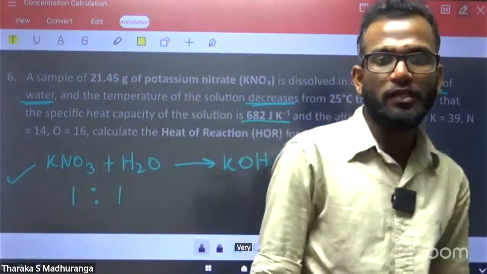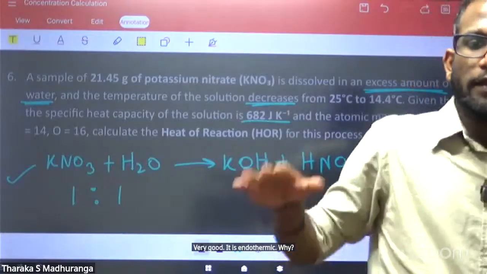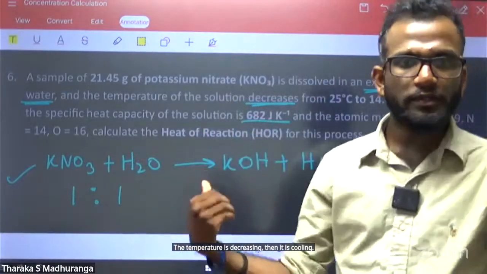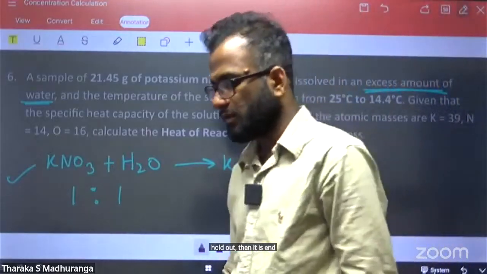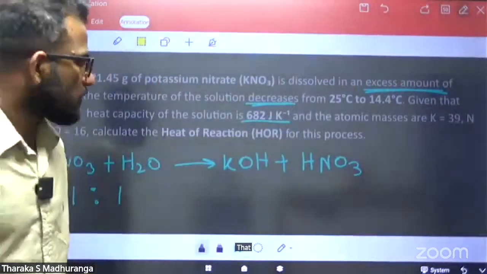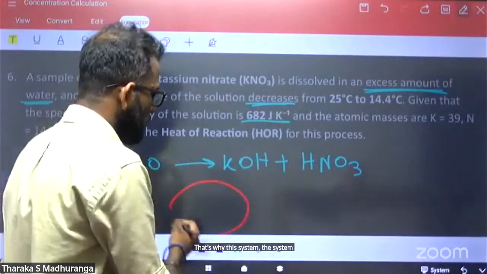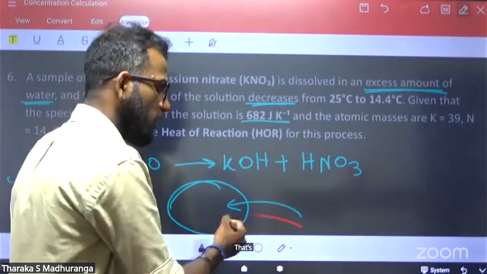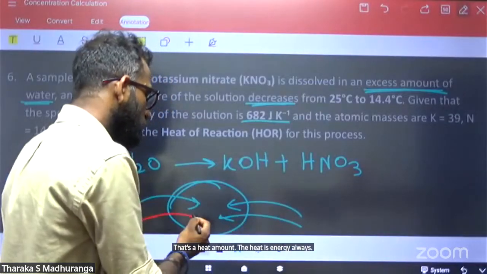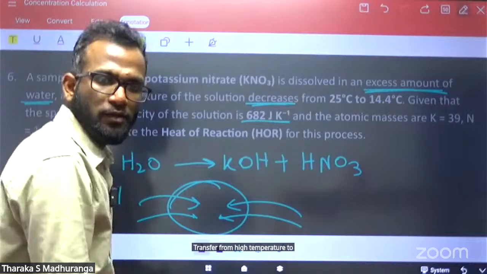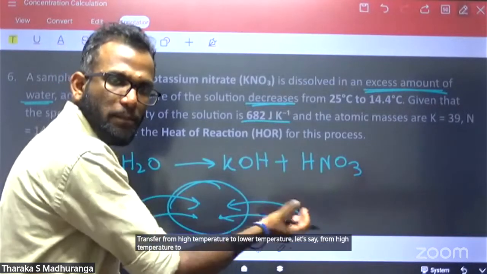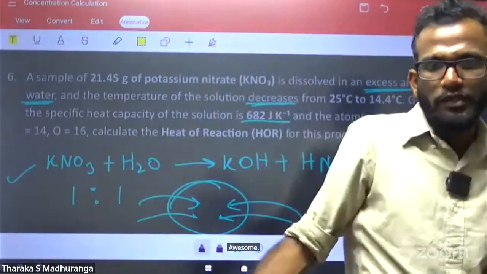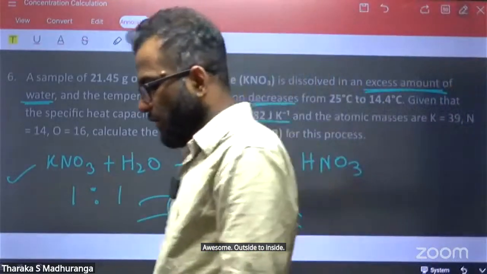It is endothermic. Why? The temperature is decreasing. Then it is cooling, cooled down. Then it is endothermic. When the reaction takes place, it is cooled down. That's why heat, the energy, always transfers from high temperature to low temperature, from the environment to the system.